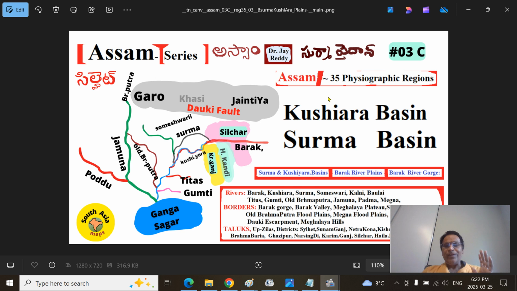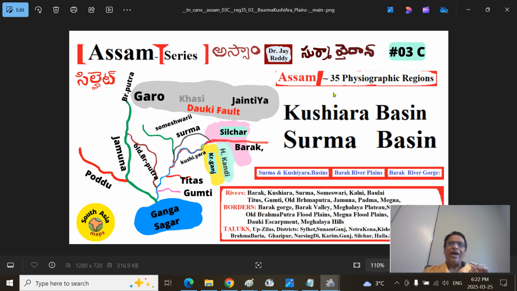The title of the presentation is the Surma River Basin, Kushiara River Basin. Previously, we have identified around 35 or so geographic regions of Assam, Bigger Assam, Greater Assam. We are delving into each of them in detail.